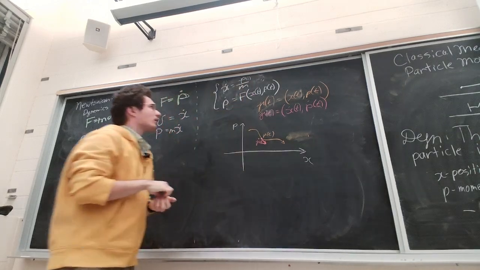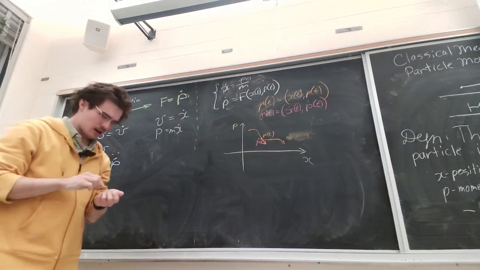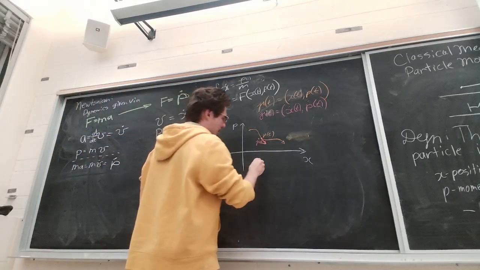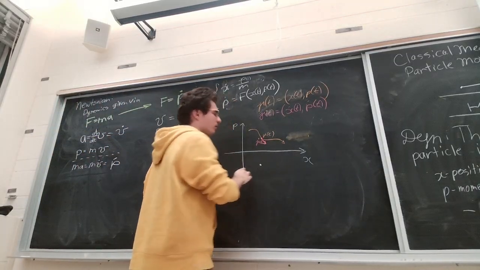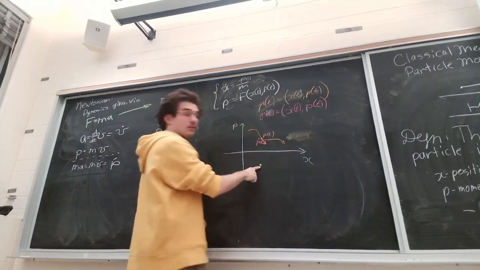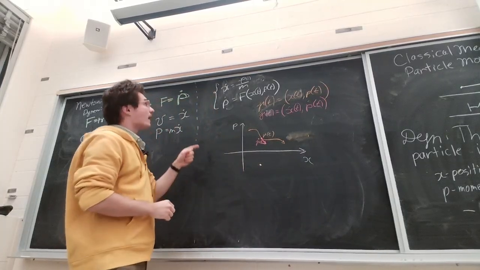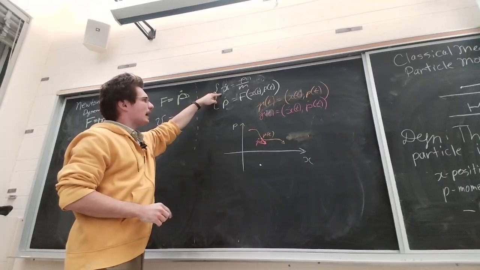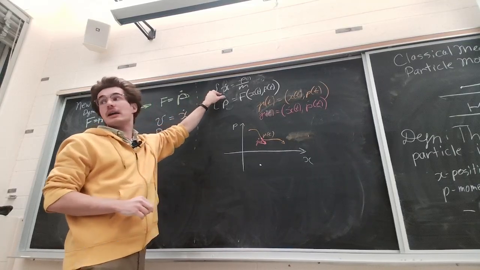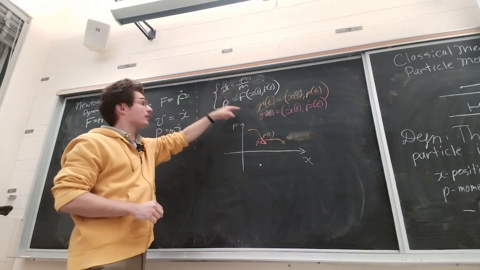Okay. So if I knew that I'm in some position of phase space, say here, do you agree? Suppose I knew that at some point in time my position in phase space was this. From the first equation, I can figure out what the x component of this vector has to be.